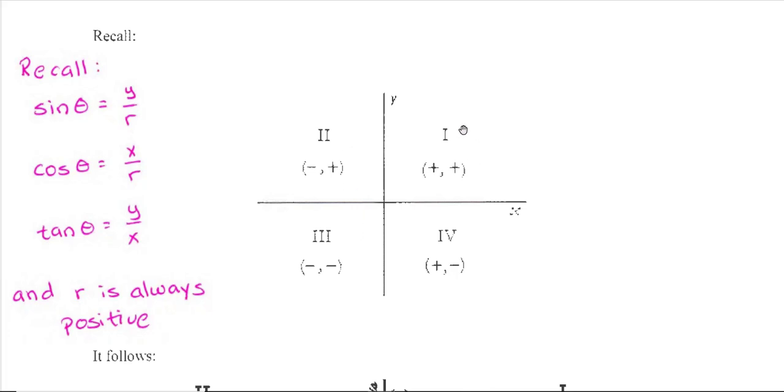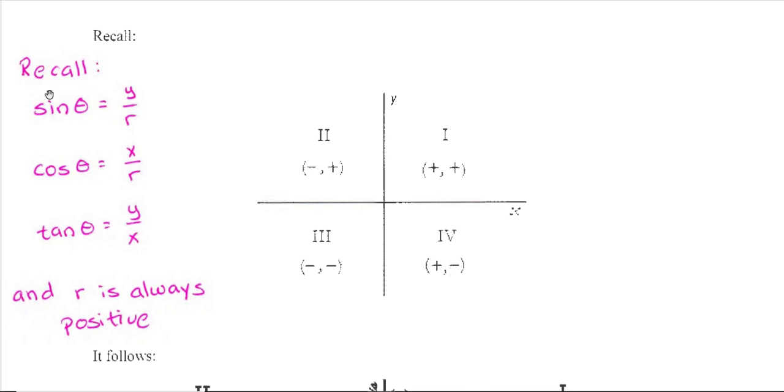Quadrant 1, 2, 3, or 4. If you're in quadrant 1, then your x value is positive and your y value is positive. If you're in quadrant 2, then your x value is negative and your y value is positive. If you're in quadrant 3, both your x value and y value are negative. And if you're in quadrant 4, your x value is positive and your y value is negative.